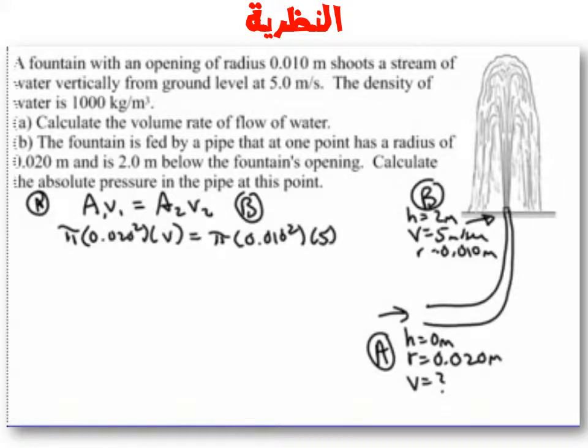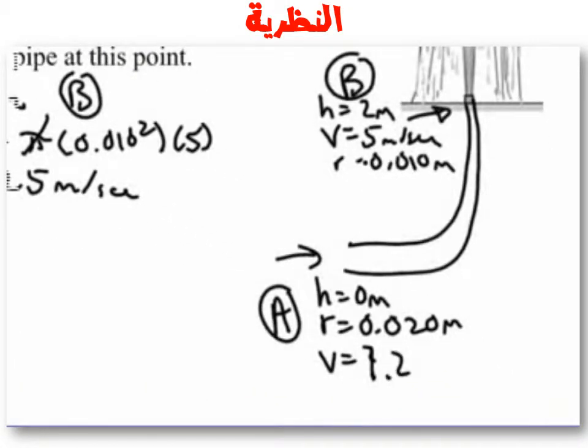So my velocity at point A, below the ground, ends up being 1.25 meters per second. When you do this, guys, you can cancel out the pi's. So right now I'm going to write in 1.25 meters per second, because that is my velocity at this point down here.